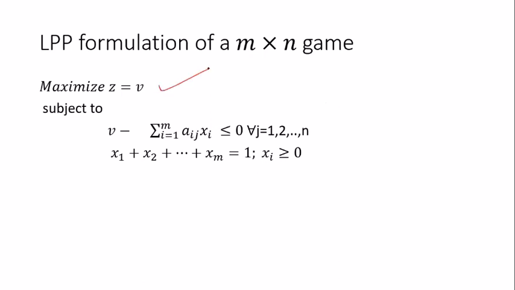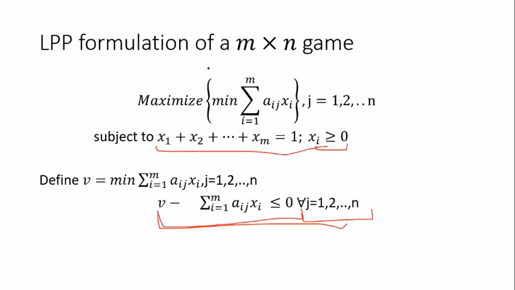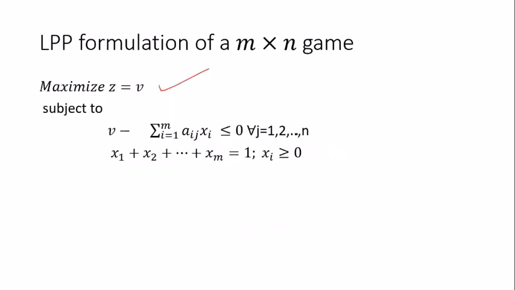So maximize z equals v, because whatever this was up to this point, we replaced completely with another variable v. So maximize z equals v. Z is just notation for the objective function. Otherwise, don't think z is a variable. If you are familiar with this notation, we always denote the objective function with z. So z is coming from there.